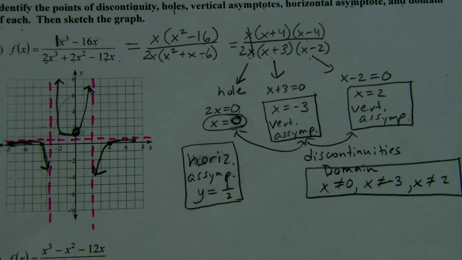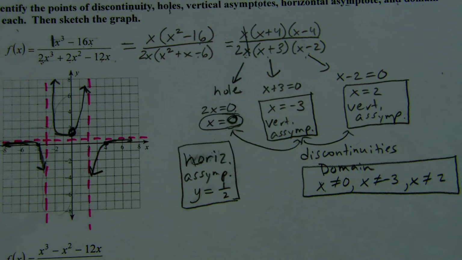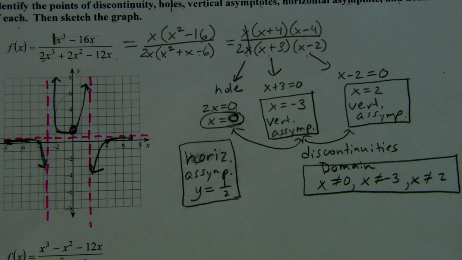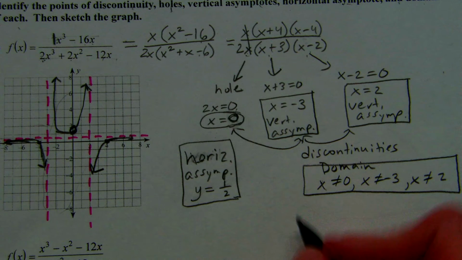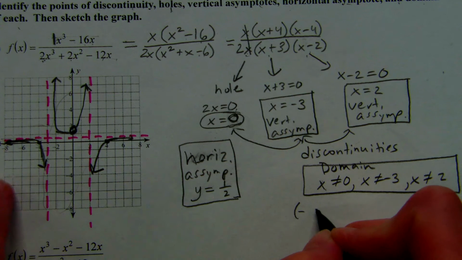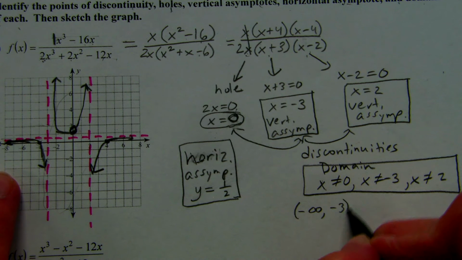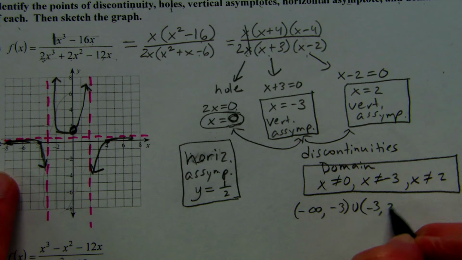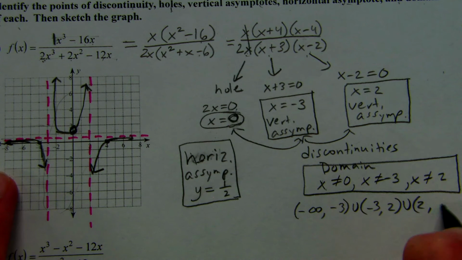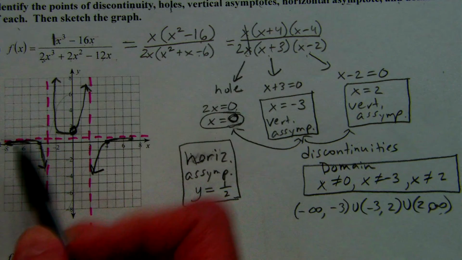That's just easier. If you remember from back when we did the interval notation, you could get fancier than this and say, okay, the domain goes from -infinity up to -3, and then goes from -3 to 2, and then goes from 2 to infinity. You can totally use that notation and go from left to right.